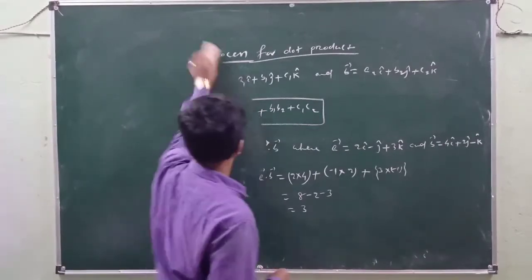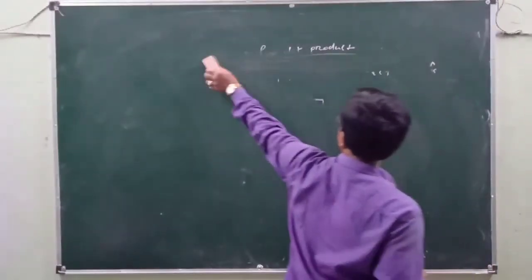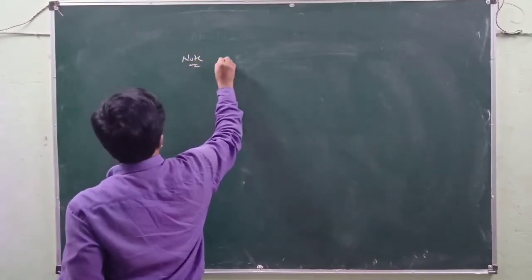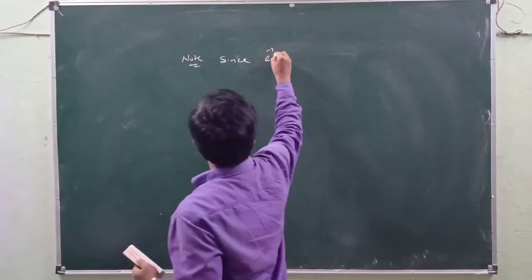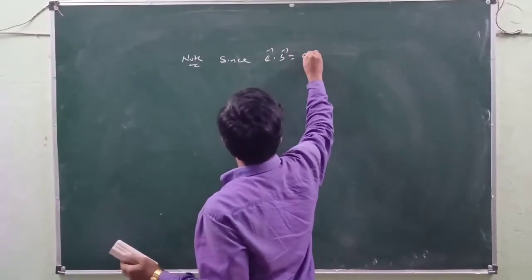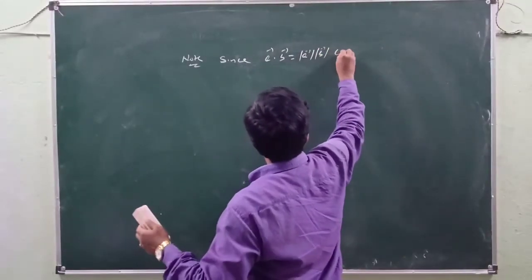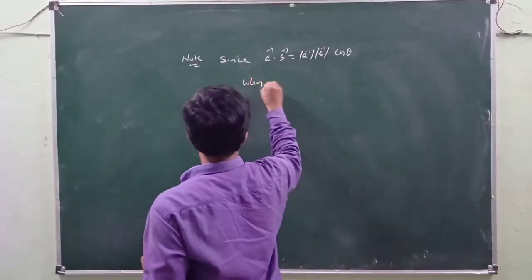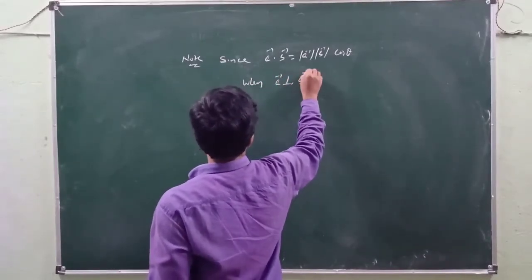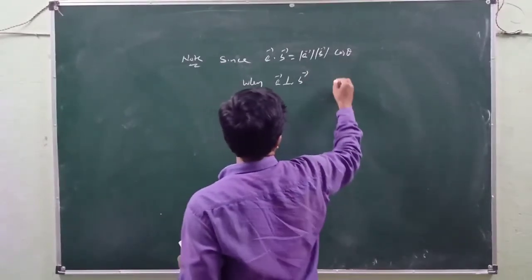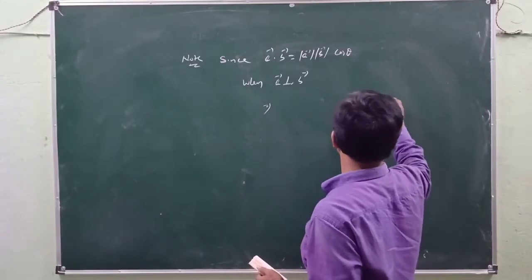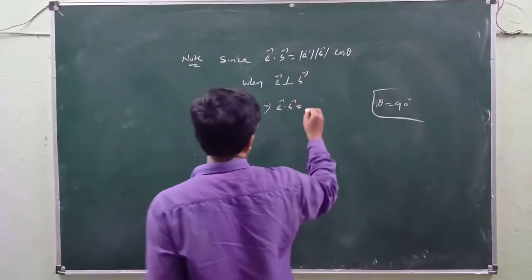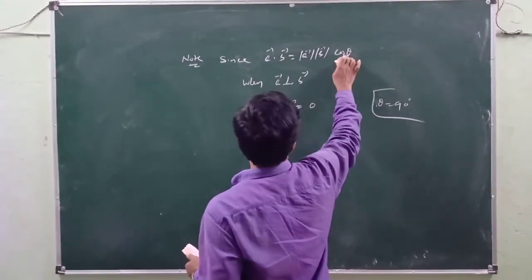Note: since A vector dot B vector equals A magnitude B magnitude cos theta, when A vector is perpendicular to B vector, that implies the angle between them theta equals 90 degrees, then A vector dot B vector will be 0 because cos 90 equals 0.